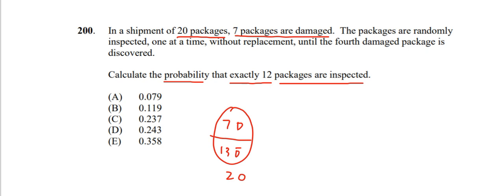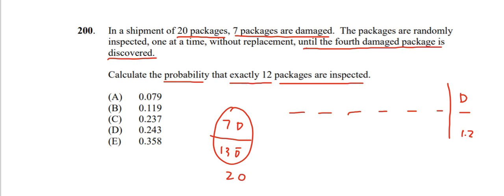So here we pick one by one, until the fourth damaged package is discovered. We pick the first one, then the second one, like that, until the last, fourth damaged one is found. So the probability that just the last one is the 12th, and it is damaged.